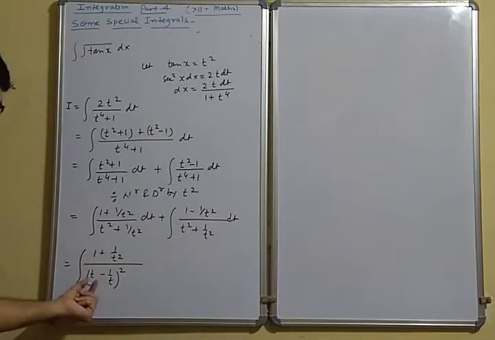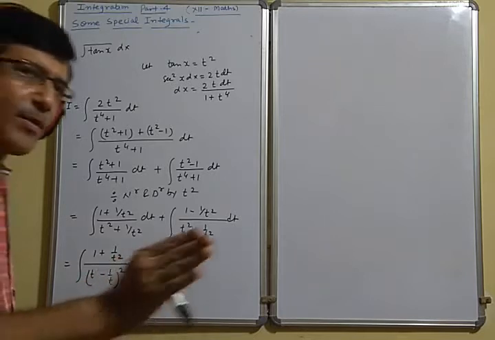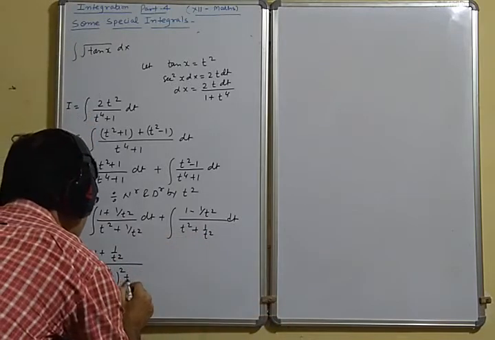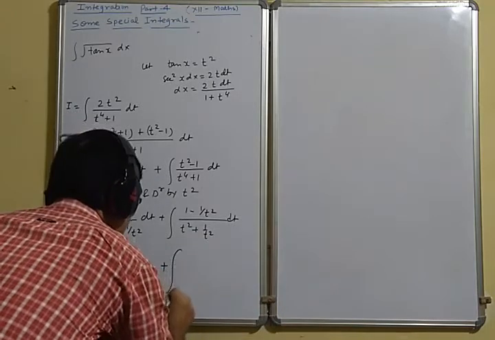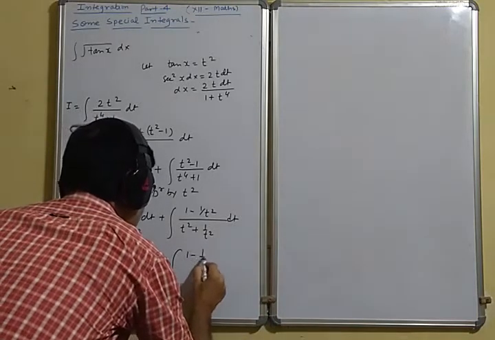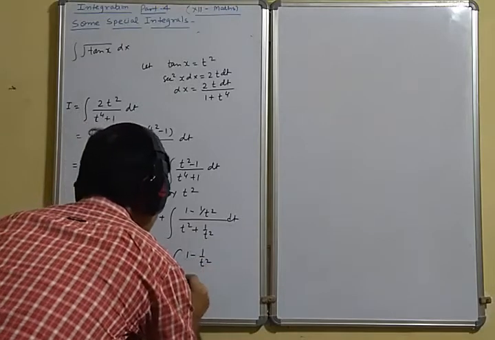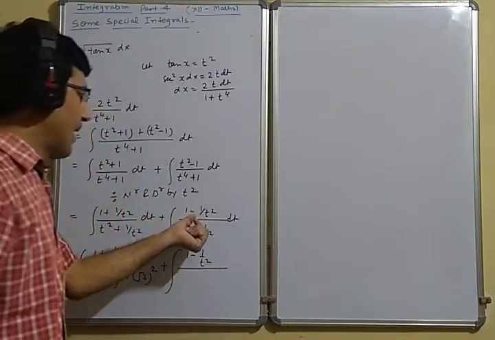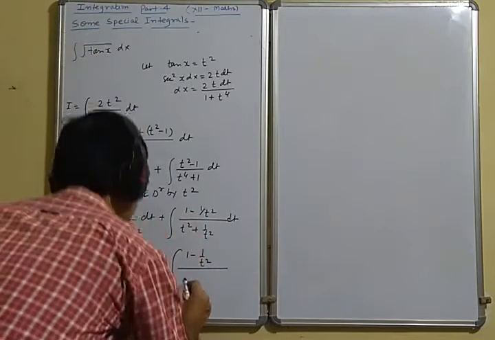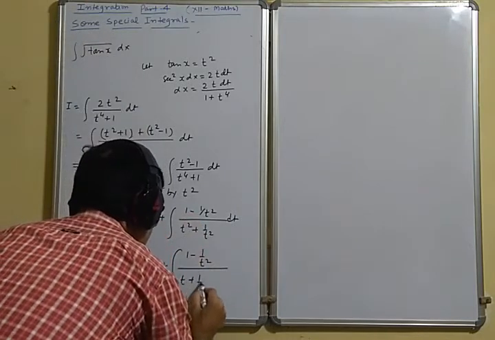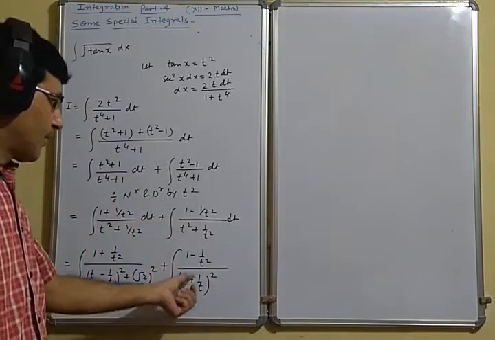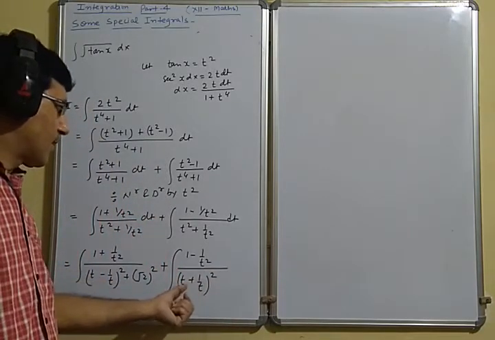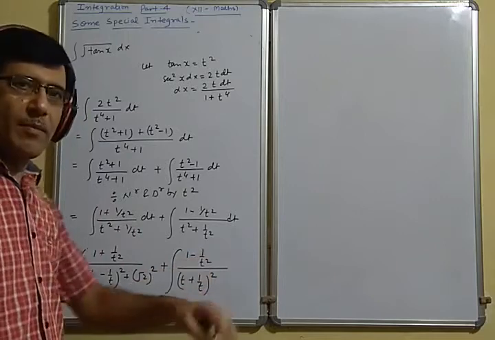Since minus 2 has to cancel out, we have to add 2, so plus root 2 whole square, plus integration 1 minus 1 upon t square divided by, here it is minus, so make it t plus 1 upon t whole square, that is t square plus 1 upon t square plus 2.